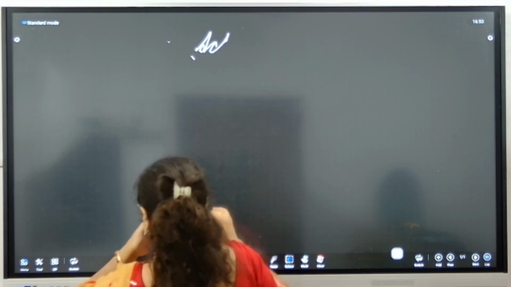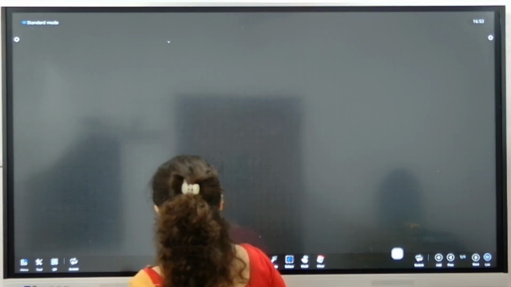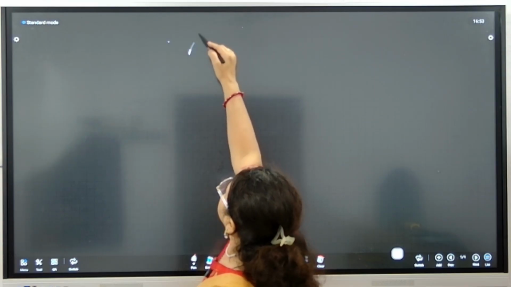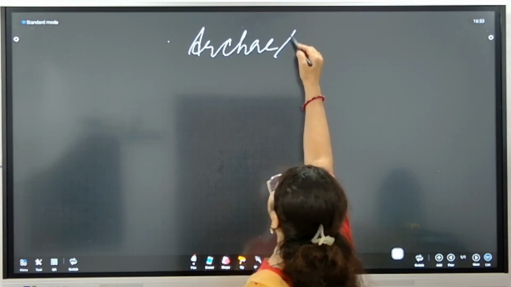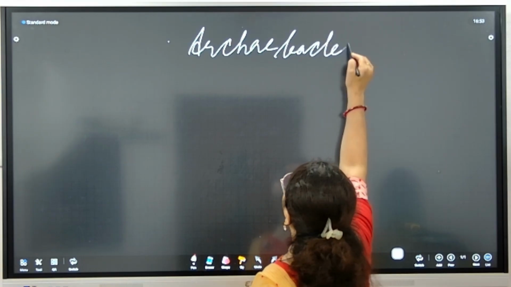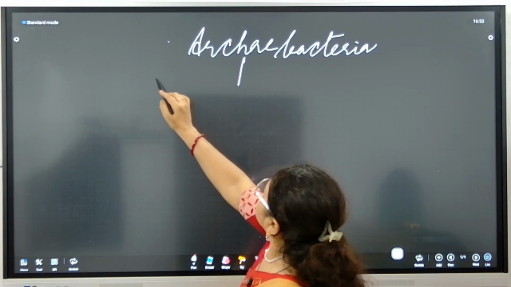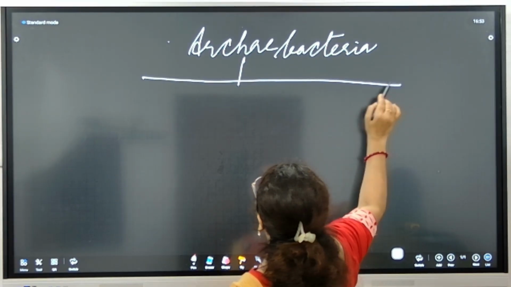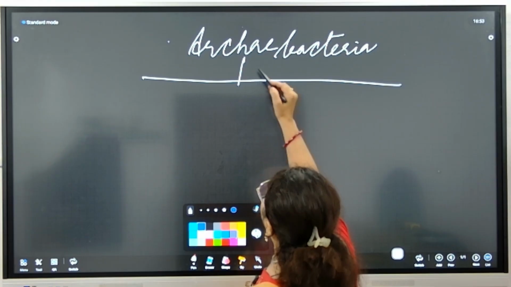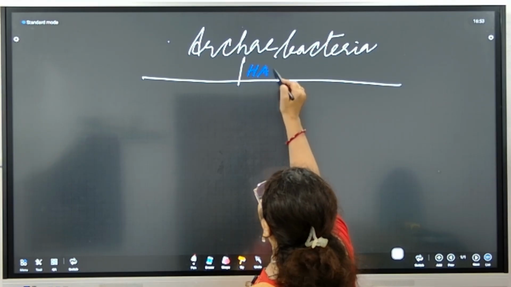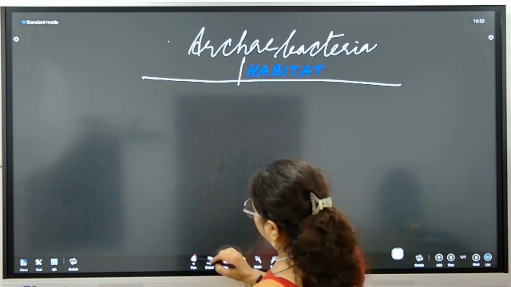The criteria taken as habitat. Habitat means a dwelling place.